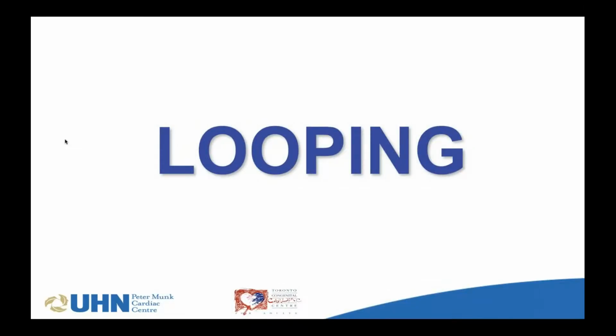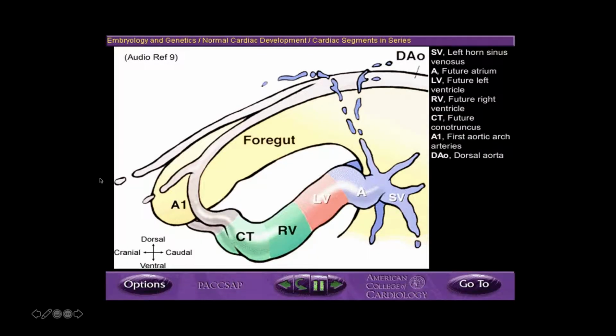So let's go to looping. How do we describe the looping? That's very difficult for many of us to understand. So during the first couple of weeks, we have a primitive heart tube with the sinus venosus, the primitive atrium, and the primitive atrium connects to the presumptive left ventricle and not the right ventricle.